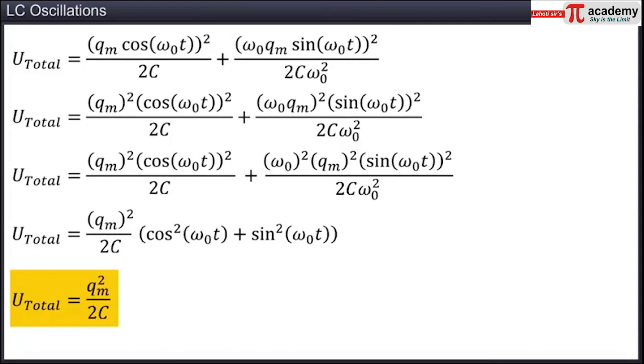This expression of total energy is equal to the energy stored in the capacitor when it is fully charged, which was the initial stage. Thus, the total energy in an LC circuit is always a constant. This also holds good as no external force acts on the system. Hence, this oscillation is self-sustained.